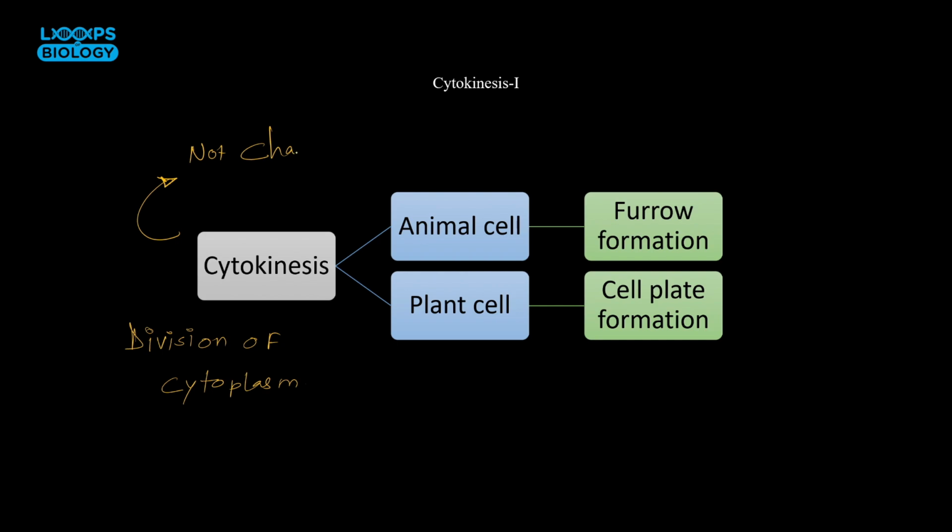Alright. So if I'm talking about an animal cell, it is again the same thing, that is furrow formation. And if I'm talking about a plant cell, there is going to be cell plate formation taking place.